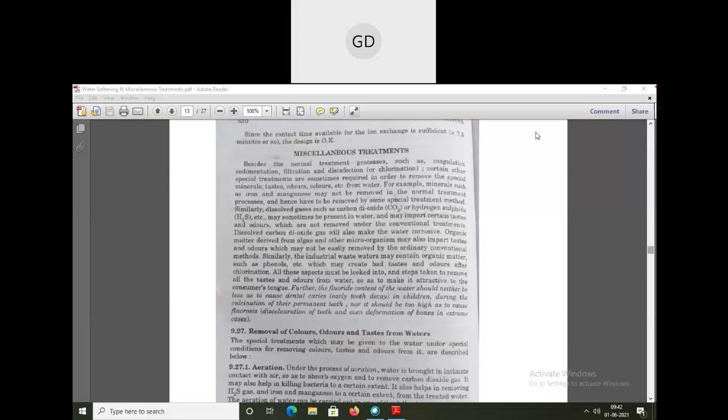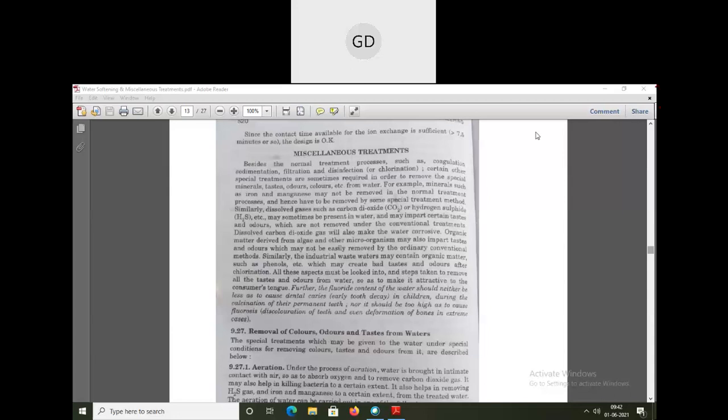After you remove all these things, only then is the water completely drinkable, and you can distribute it to the consumers. There are also minerals like iron and manganese in water, which are not removed during the normal treatment process.